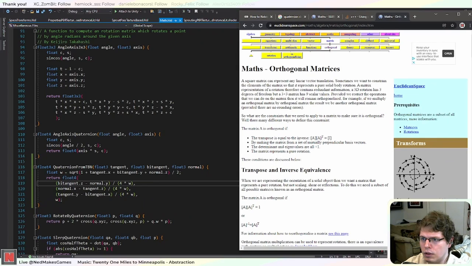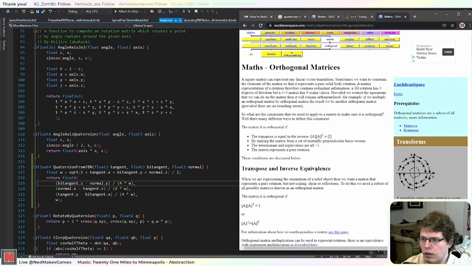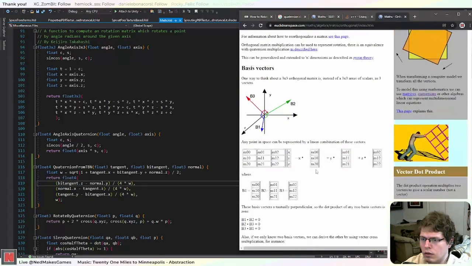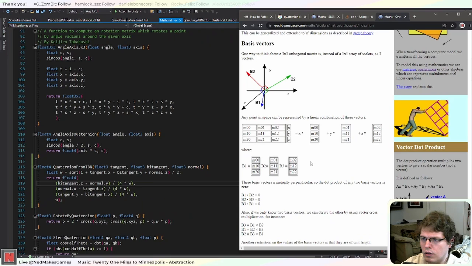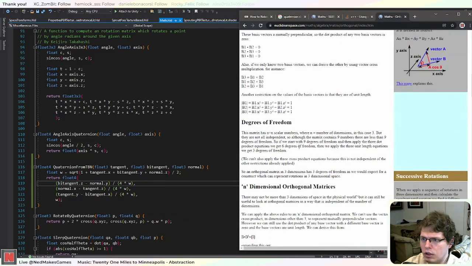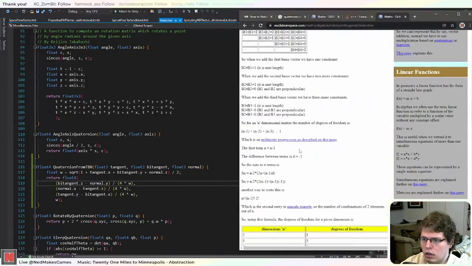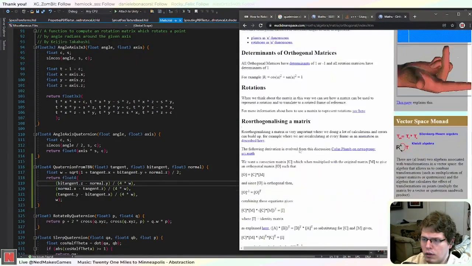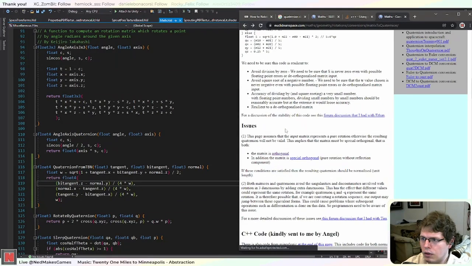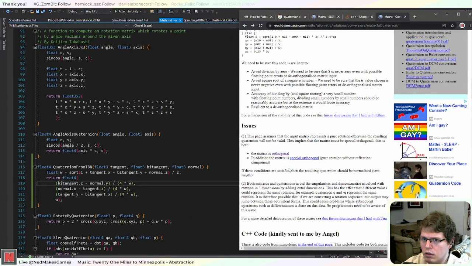Okay, yeah, so matrix A is orthogonal if the transpose is the same as the inverse. I think the matrix is orthogonal if each column in it is at a right angle, which is what this would be.